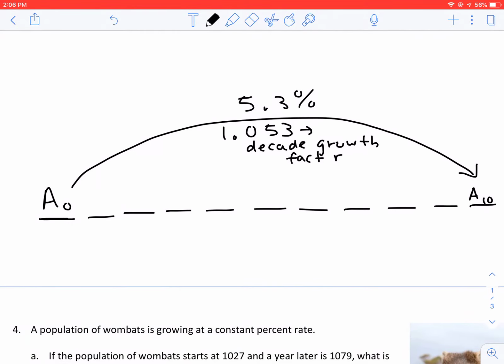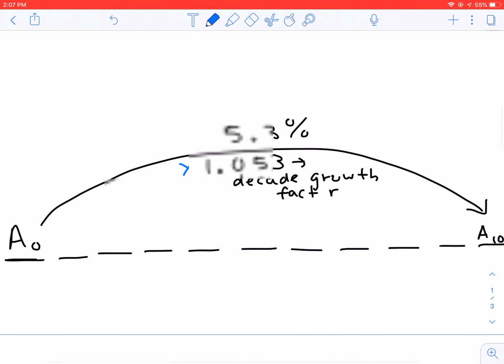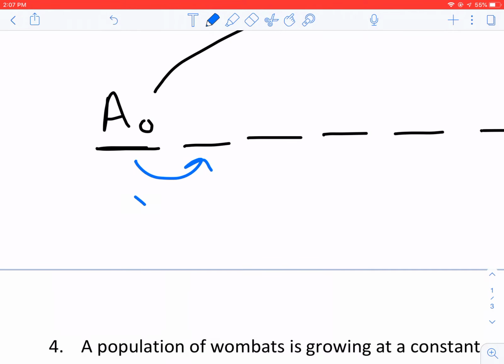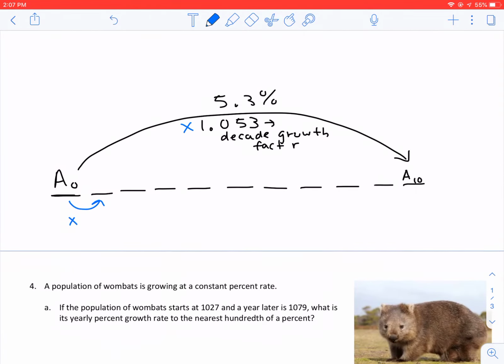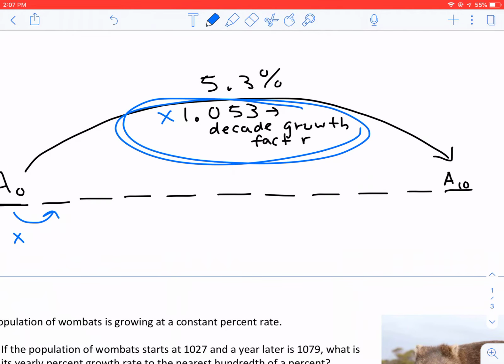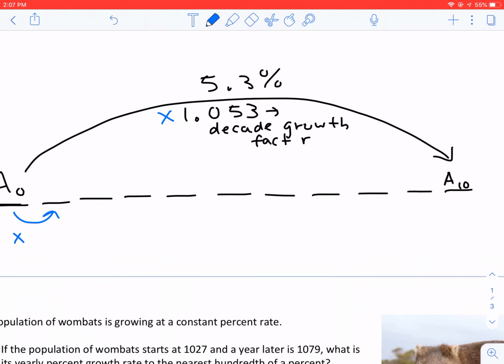So to get the yearly growth rate, I need to get the yearly growth factor first. So I know going from there to there again, I'm multiplying by this 1.053. So what do I need to multiply by to go one step or 1/10 of the way there? So you can't just divide this by 10 because it's not linear, right? It's exponential.